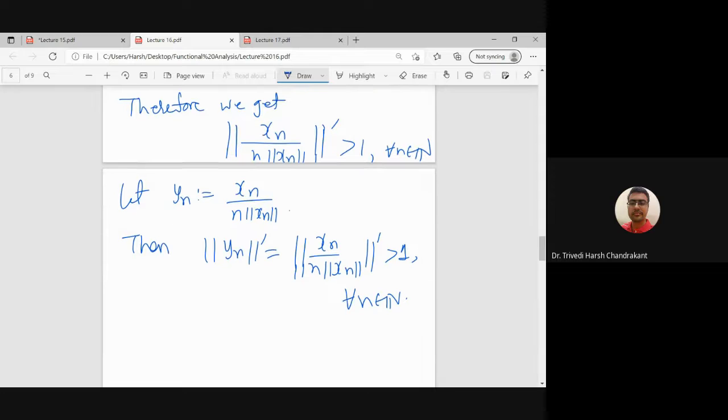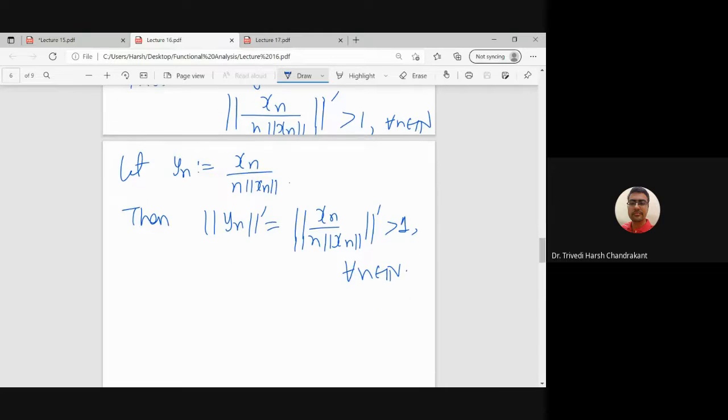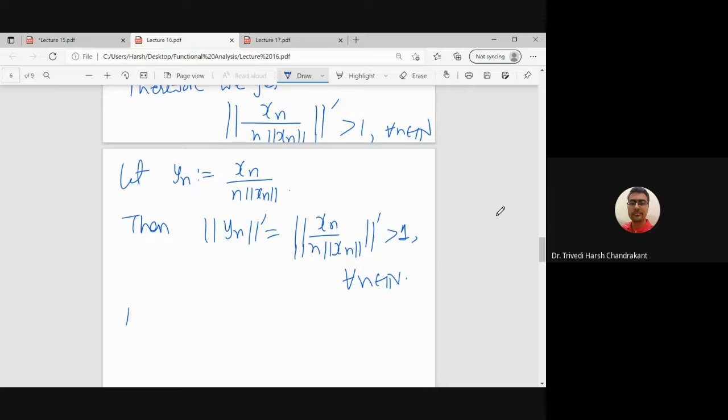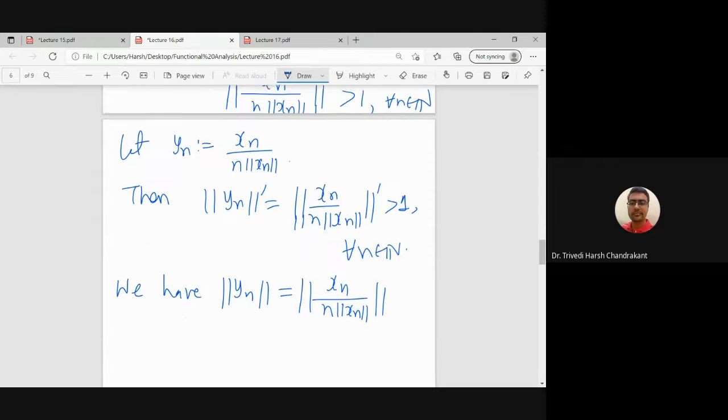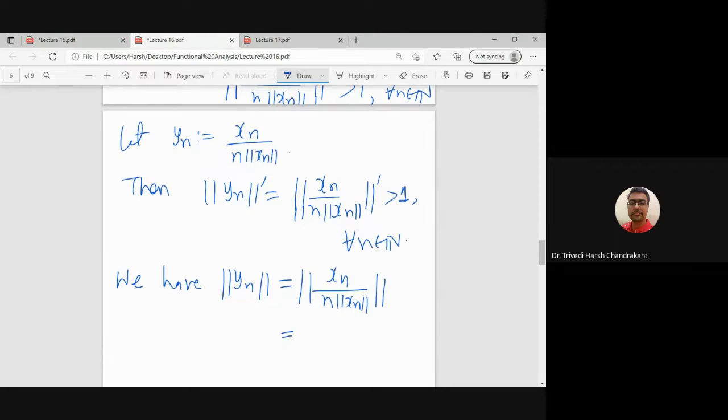Right. But on the other hand, what is the first norm of yn? So that is the first norm of xn divided by n times norm xn, and then if we take 1 by n common, this is norm xn by norm xn, that is 1.